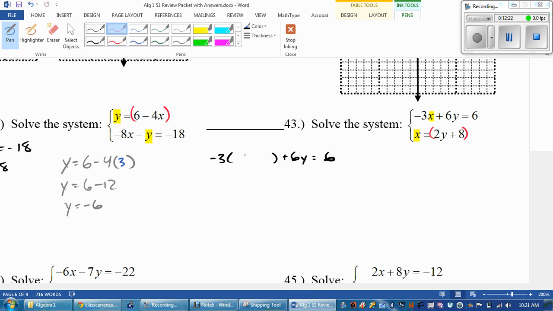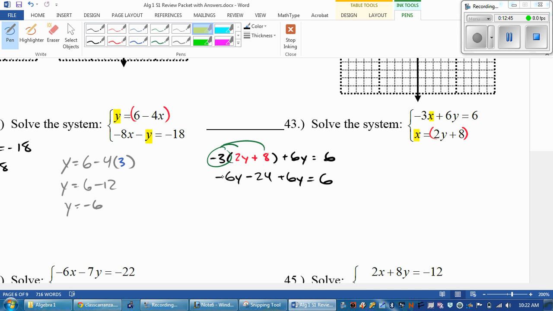And we're going to plug in the 2y plus 8. So the first thing that we need to do is to distribute the negative 3. Negative 3 times 2 gives us negative 6y. Negative 3 times a positive 8 gives us a negative 24.